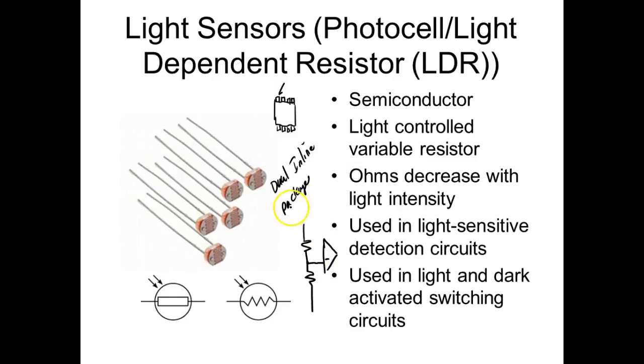Then we could bring the output of our light sensor into the other input, and we'd pick it off right here, or vice versa. These pins here would be powered, so you'd have to have power applied to your sensor.